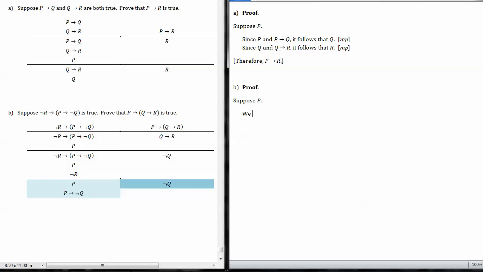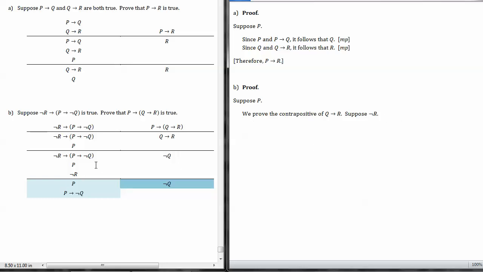So we should tell our reader that's what we're going to do. We prove the contrapositive of Q implies R. And for that, we're going to suppose that the negation of R is true.